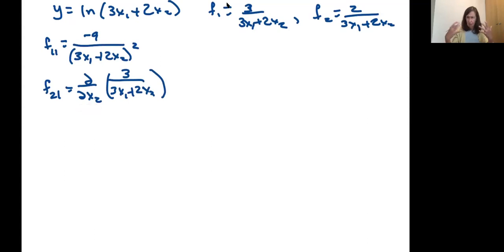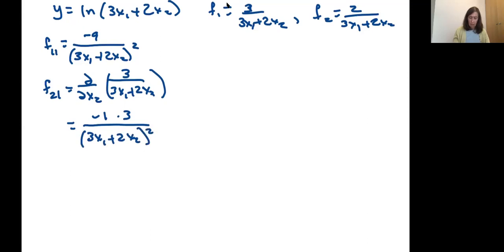It's going to be the same kind of basic chain rule logic that we had before. So it will be the negative 1 times 3x1 plus 2x2 squared.